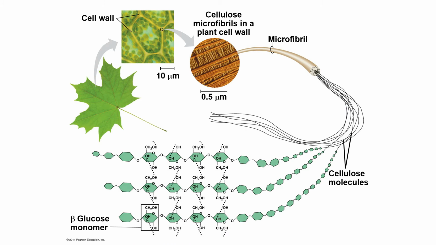So this is giving you a closer image of cellulose. Here you're looking at a leaf, and you're looking at just an individual cell of that leaf. You see this faintly gold, yellow stained portion that's exterior to the cell itself. That's what we call the cell wall. Now the cell wall is mainly comprised of cellulose in plants.